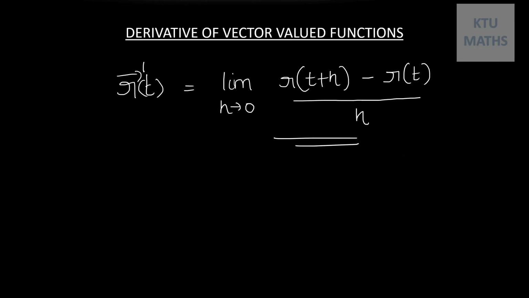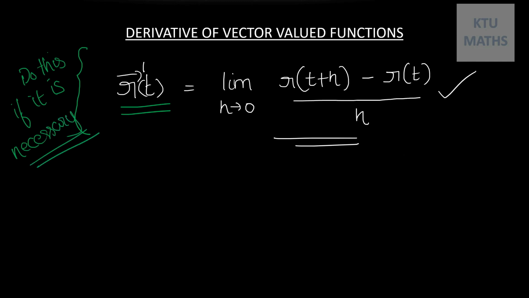If you can find this limit and prove that this limit exists, you can very well take that value and say that it is the derivative of vector r t. It is the derivative of vector r t. Now you do not need to do this in vector valued functions. Do this only if it is necessary.